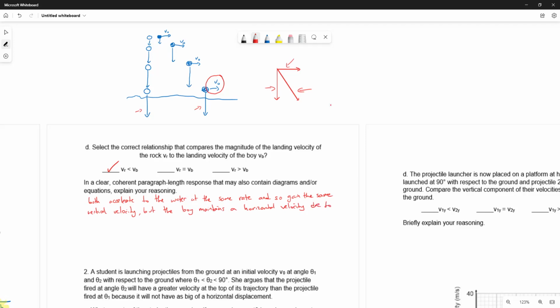Due to no acceleration in the horizontal, thus, at the surface, the boy has a greater velocity. That's pretty much it. That's a clear enough explanation to get full credit.